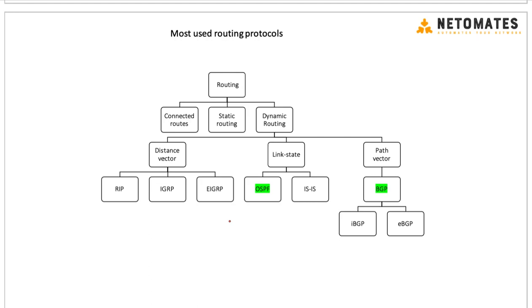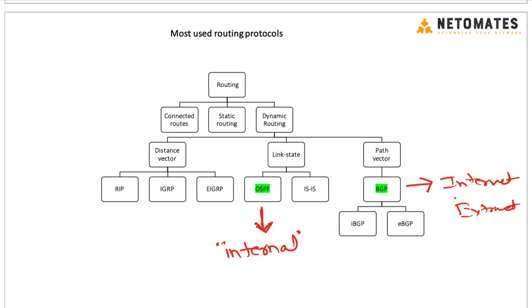So which routing protocols are used the most? OSPF will be used mostly for internal routing. Internal routing means whatever private IPs you have inside your network, you will use this protocol to provide routing information for all the offices and data center locations. For the internet or extranet connections with different companies, you will use BGP.